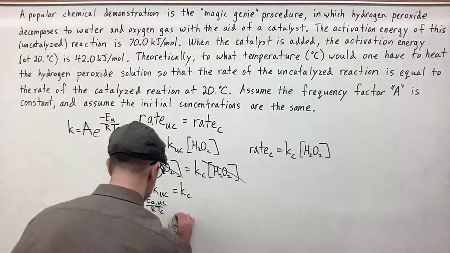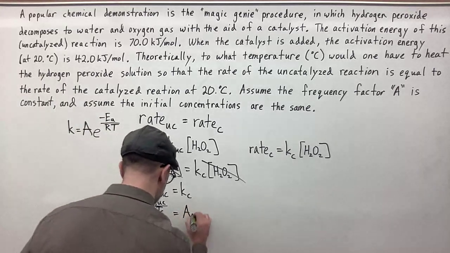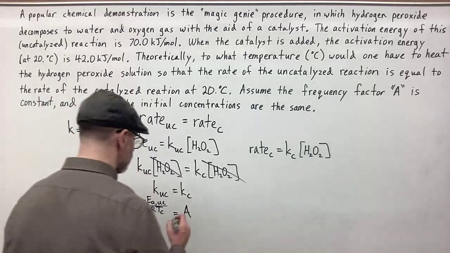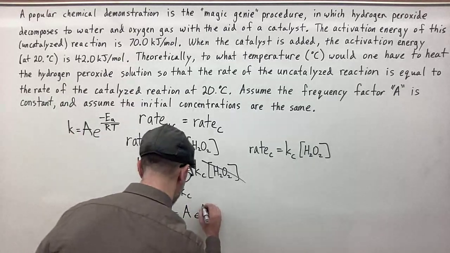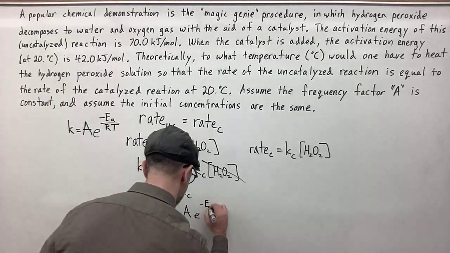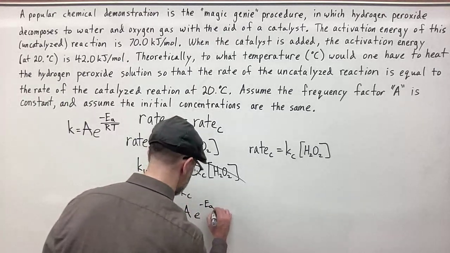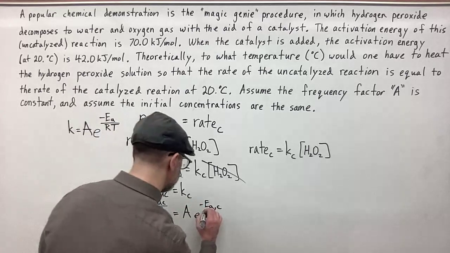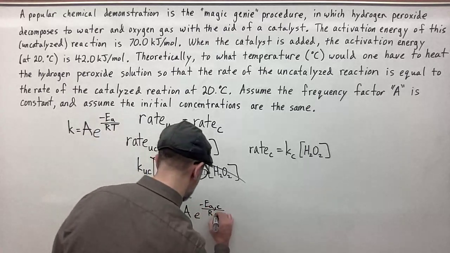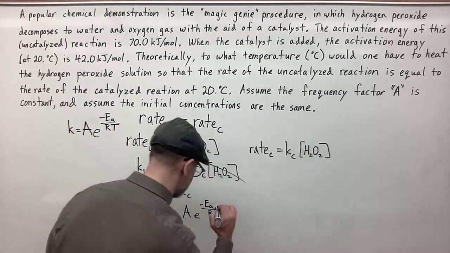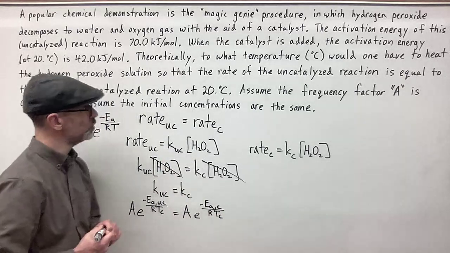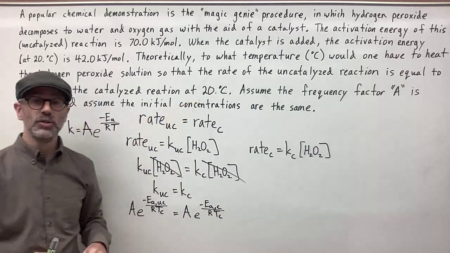And that's going to be equal to A, the frequency factor, multiplied by e raised to the power of negative EA, the activation energy, this time the catalyzed activation energy, divided by R times T, where the temperature here is the catalyzed temperature, which we have at 20 degrees Celsius.